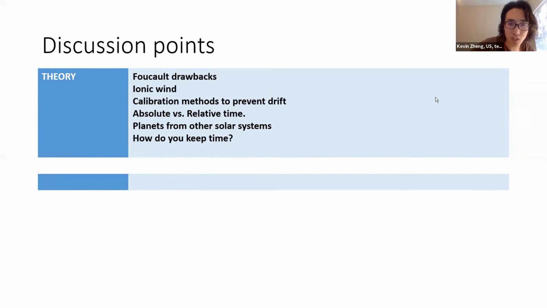You count how many oscillations of the atoms there are during a day, and you get a formula which is the total time that you measure divided by the number of oscillations of that atom, and you get a new clock. But that really isn't the goal that we want to achieve here.